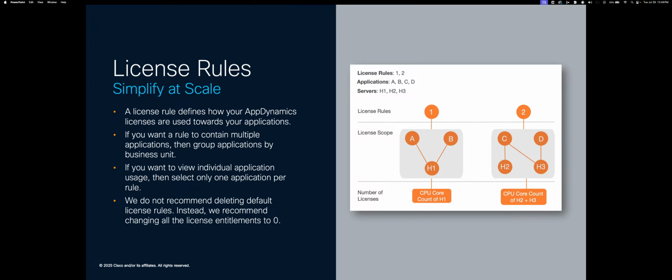If you have multiple clusters or multiple things talking to each other constantly, you might want to pool those licenses up together and have them applied to the same scope, but you don't necessarily want to do that in every situation. If application A doesn't talk to application B, then have separate rules.